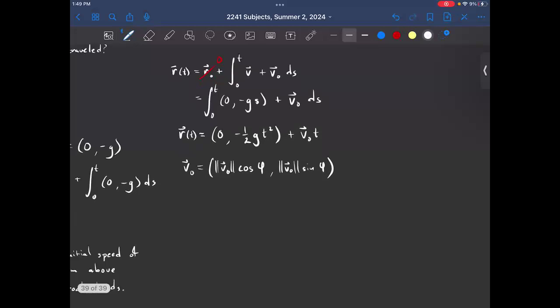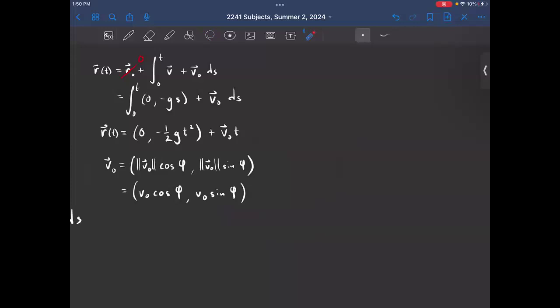Okay, so these are your direction cosines or sines. But wait, remember that the norm of the initial velocity is just the initial speed. So we have v0, which is known, times the cosine of phi, and then comma v0 times the sine of phi.